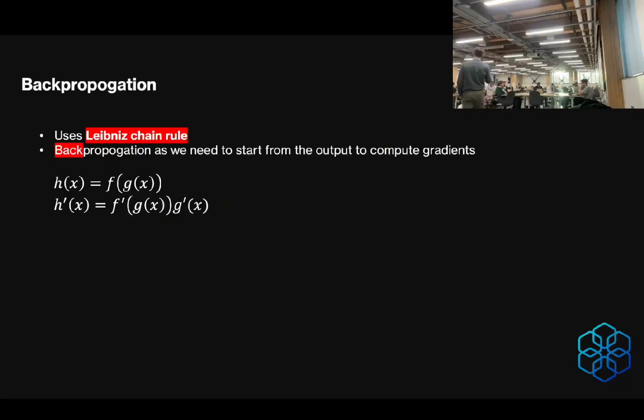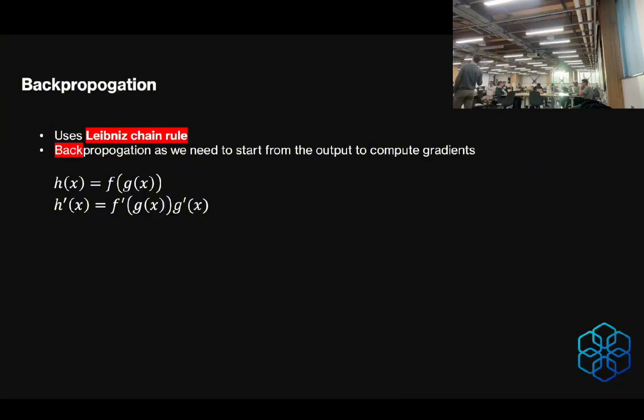And so to take the derivative of that, we have this simple rule where h of x is f of g of x, and then we would take the derivative of h of x by taking the derivative of f inside of g of x, and then that multiplied by the derivative of g of x.